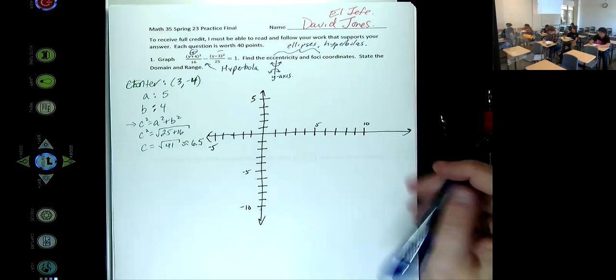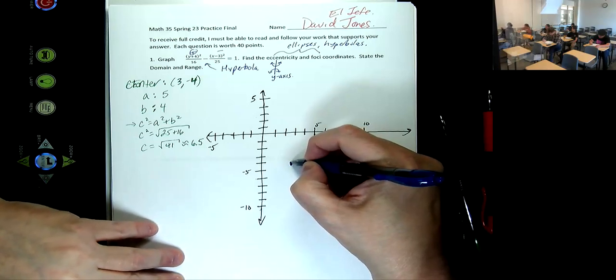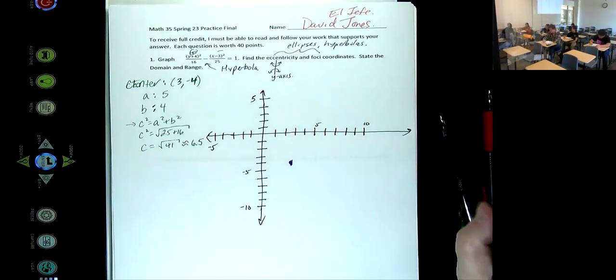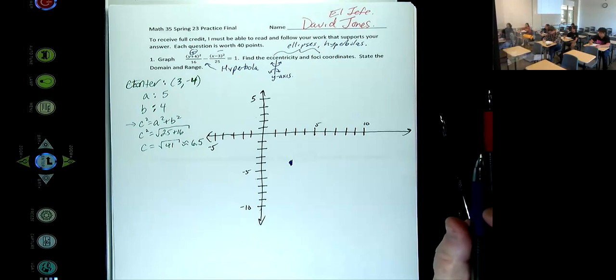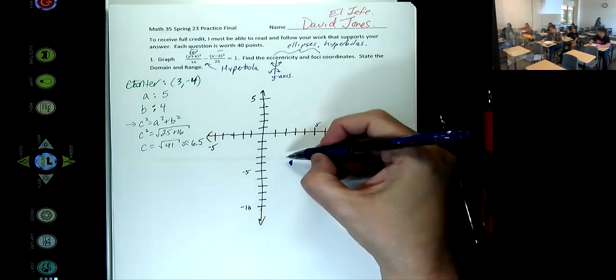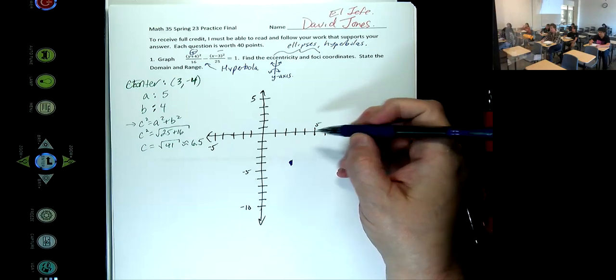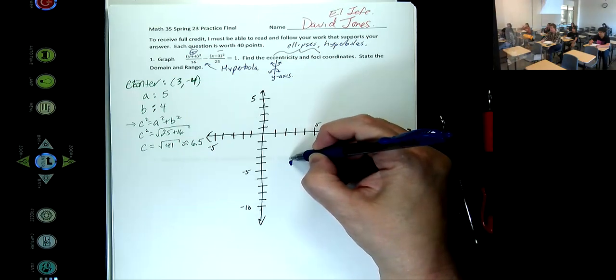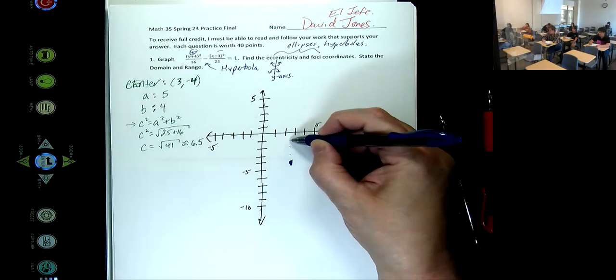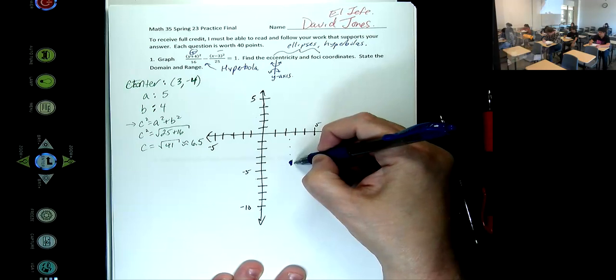So I will put my center at 3, -4. What do I do with that piece of information? What made you decide to do that? Okay, and B is 4, that's why you said go up and down 4. 2, 3. I'm clearly not lined up underneath my 3 very well, am I?